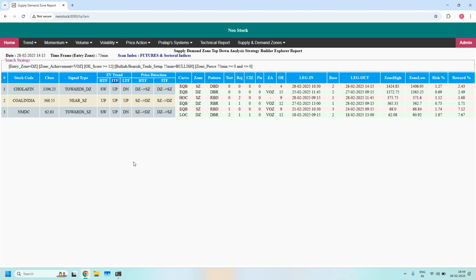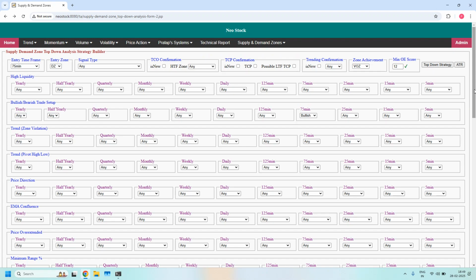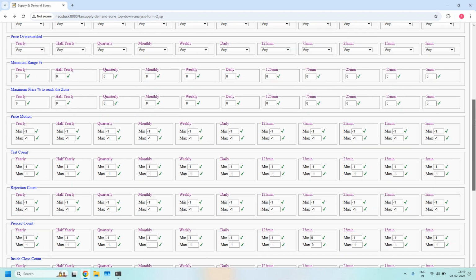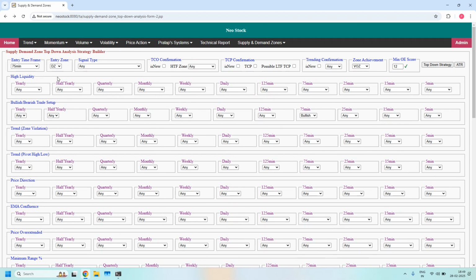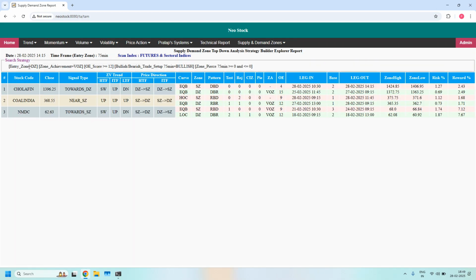Let's verify if any of these 75 minute zones are having daily zone confluence. They are not supply zones, sorry for the mistake, they are the demand zones. So these entry zones are demand zones. So we should focus on these demand zones.